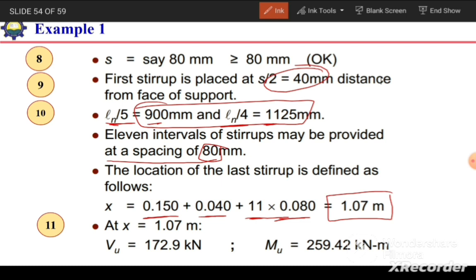So now we can calculate the stirrups again at a distance 1.07 meters. So Vu over here is 172.9 kilonewton and Mu is 259.42 kilonewton, and this can be calculated by substituting the value of x in the equation that we have derived in the very first step.